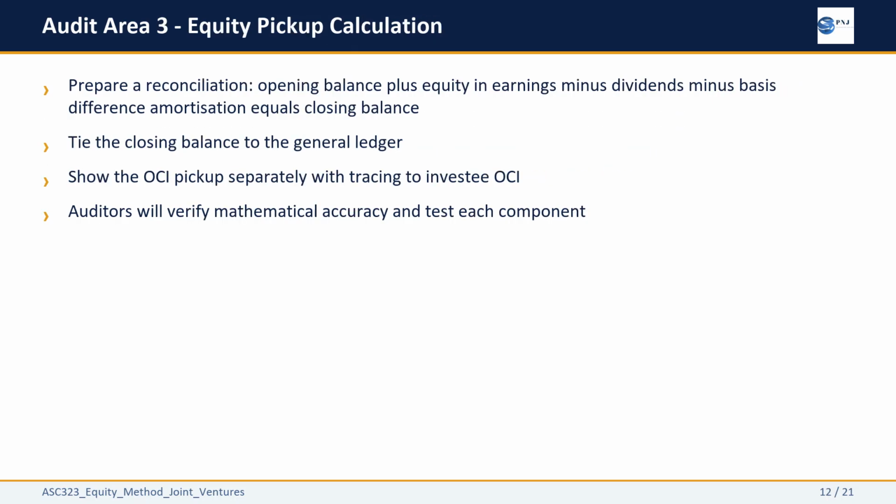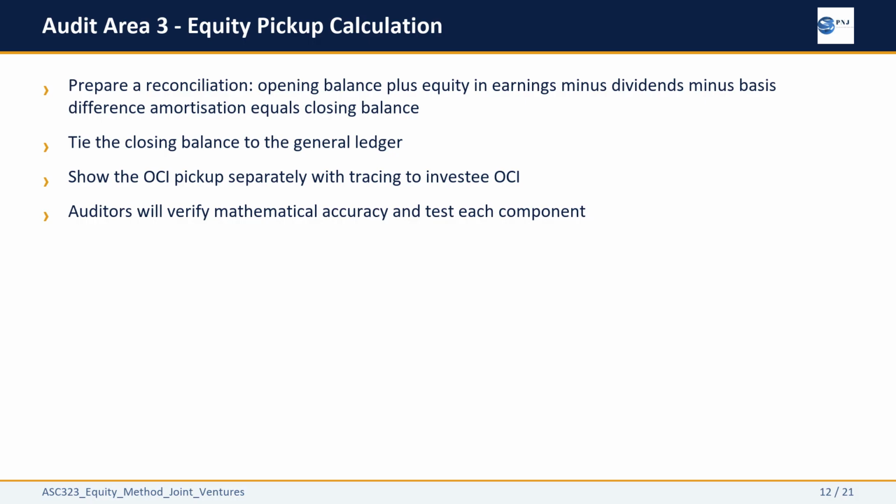The third audit area is the equity pickup calculation itself. Your reconciliation should be clear and fully traceable. Start with the opening investment balance, add your share of the investee net income, deduct dividends received, deduct basis difference amortization, and arrive at the closing balance, which must tie to your general ledger.